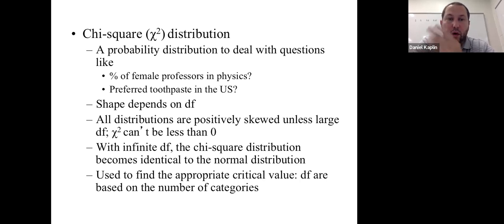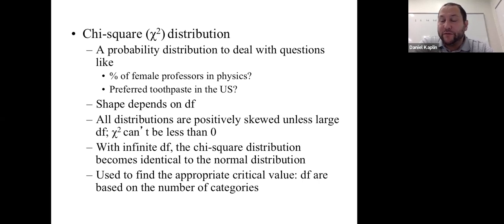So I would count all of our professors, males and females, and compare that against what we would expect by chance. Now, obviously, when we talk about gender, it's not binary, but I've made it binary to make things a little bit more simplistic for this example.